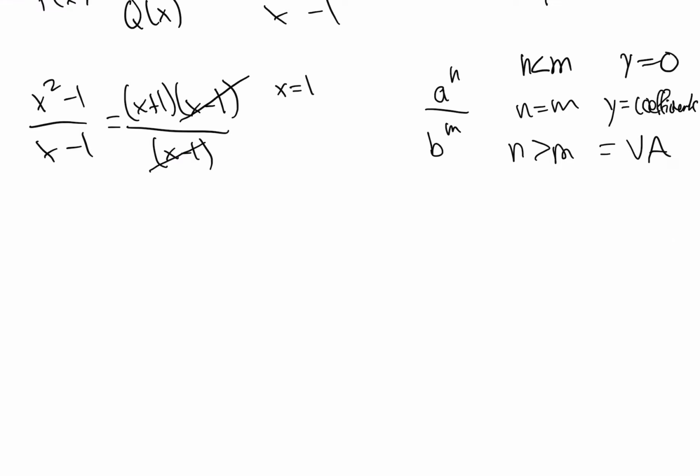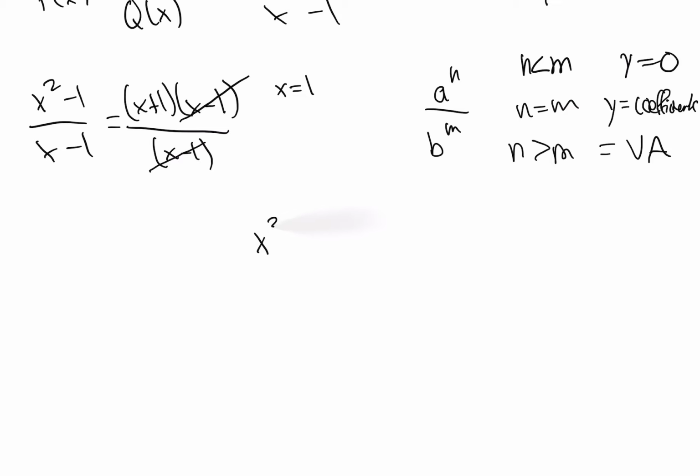If the degree of the numerator is exactly 1 more than the degree of the denominator, so let's say n equals 1 plus m, you divide the polynomial using long division to find the slant asymptote. So let's say we have x squared plus 3x, right?